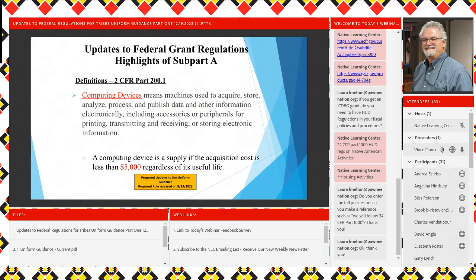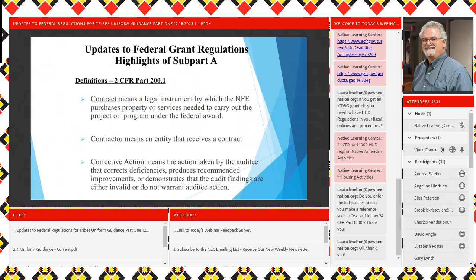It says there might be a change. They're talking about increasing that $5,000 to $10,000. That's in our favor. It allows even more devices that used to be considered equipment to now be considered a supply. More on that as we progress. Good point.